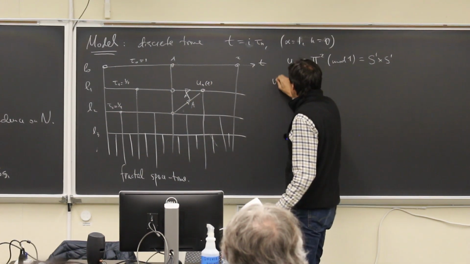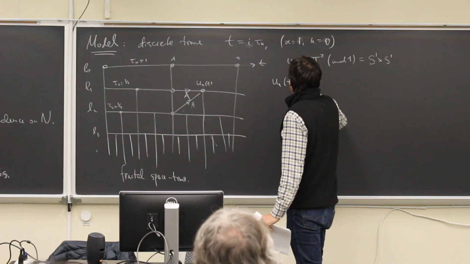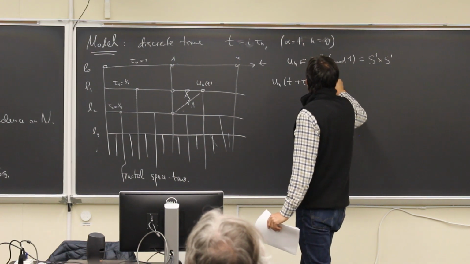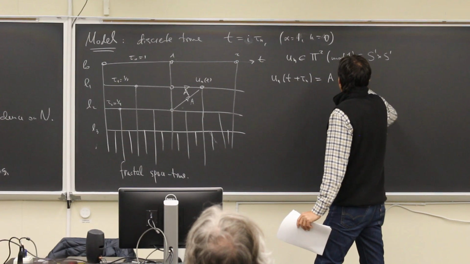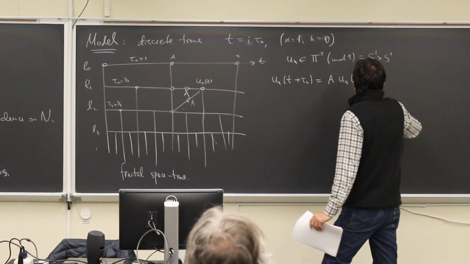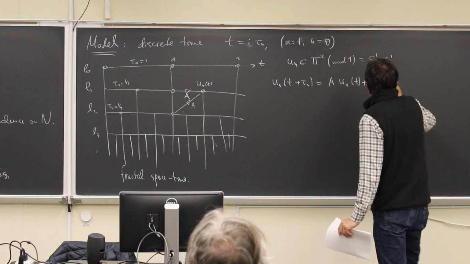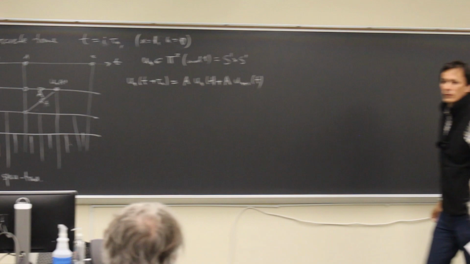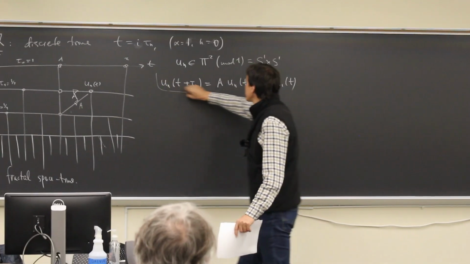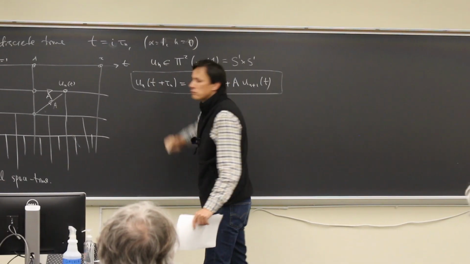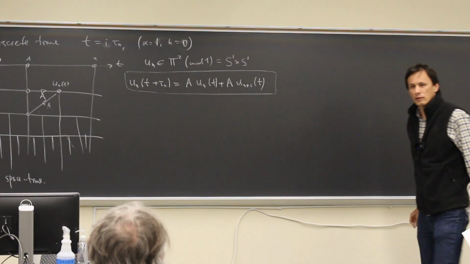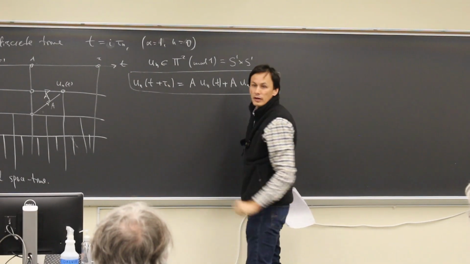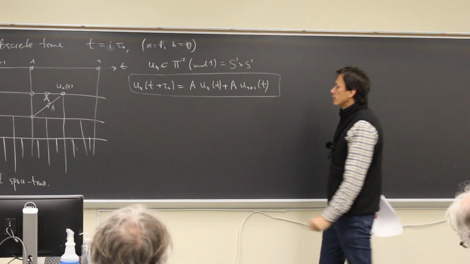So the law is: UN at next time equals operator A applied to UN at previous time plus the same operator applied to UN plus 1 at previous time. So that's the equation of motion. There is no physical reason for this equation of motion, but the reason is that it satisfies all the properties I just mentioned.